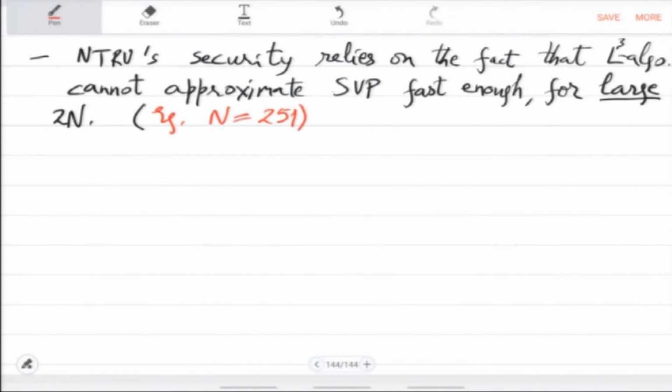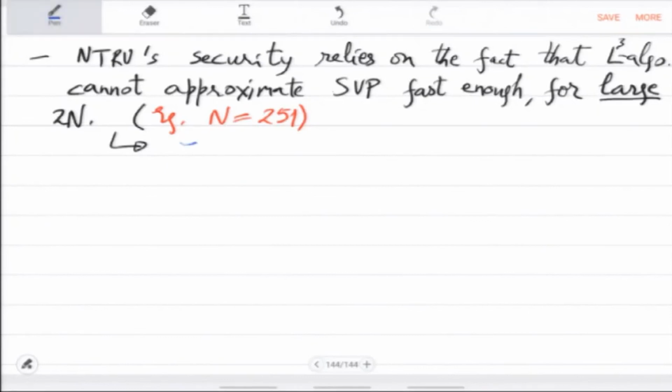Okay, so n is 251 means that 2n is 500, and we have seen that the complexity of the L-cube reduced basis algorithm is something like 500 to the 6 times other factors, and that in practice will be very slow. Okay, and as you increase n, it will get harder. The L-cube algorithm will become slower.